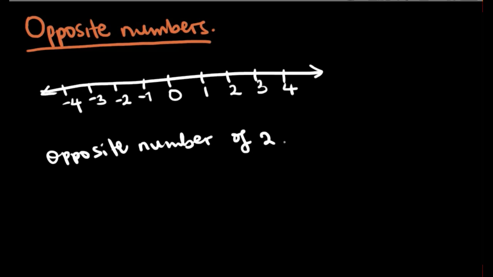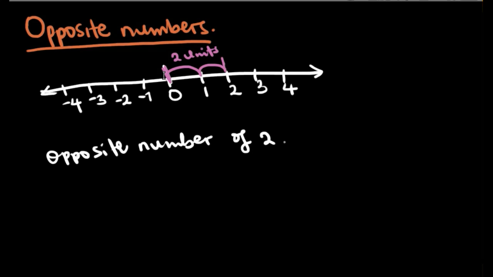Let's take a look at the distance from 0 to 2. We have got 2 units. Now what about if we go to the left?